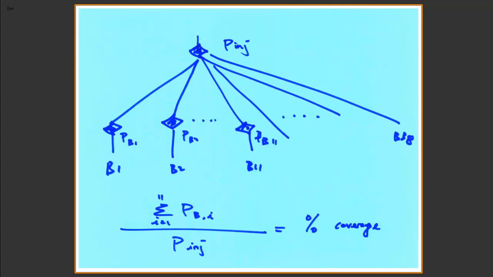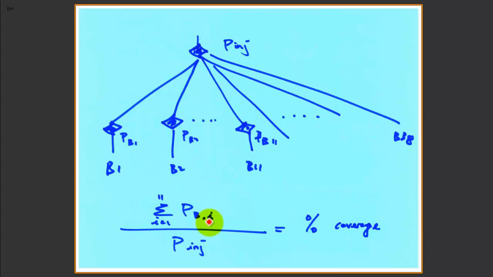The definition of how we calculate the coverage percentage for each building is this: we have an injection point at the substation of the distribution network, right? This is a meter at the feeder head, and then we have smart meters for a selective number of buildings. In this case, we have 11 buildings with AMI, so this meter will be used to decide the percentage of coverage.